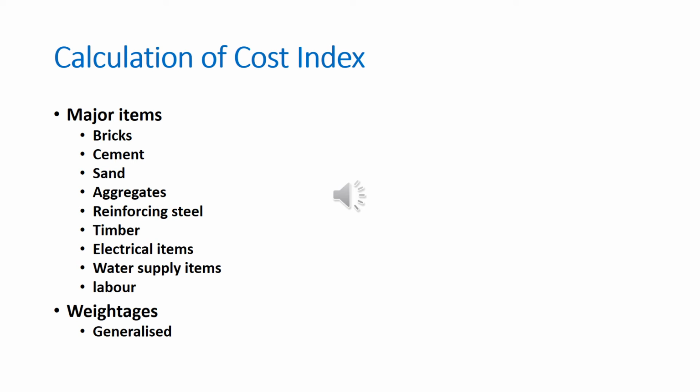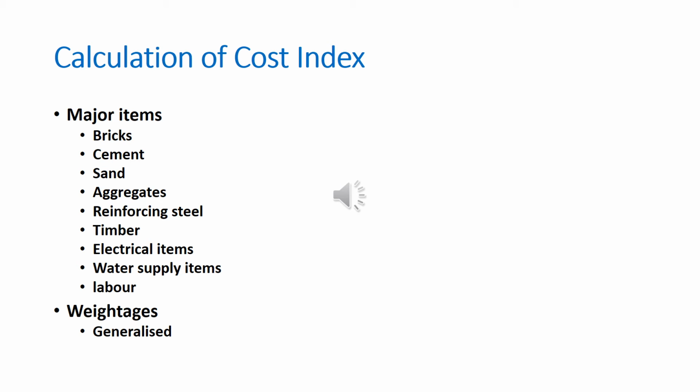It does not mean that the cost inflation of other items is not included in the cost index, because the sum of all weightage is 100. It means those minor items are considered indirectly in major items.